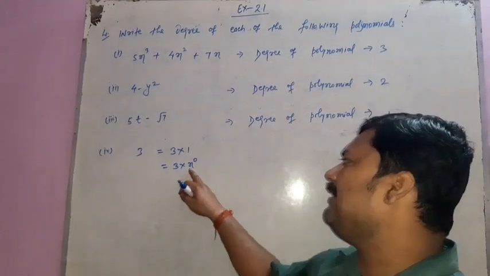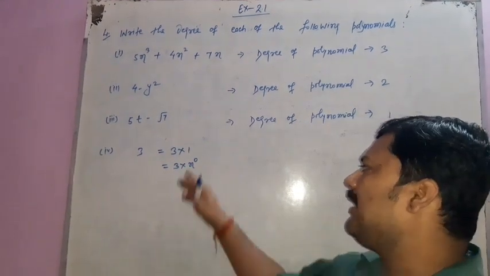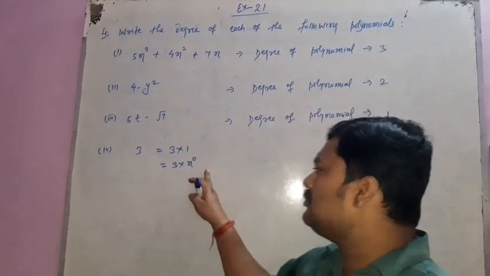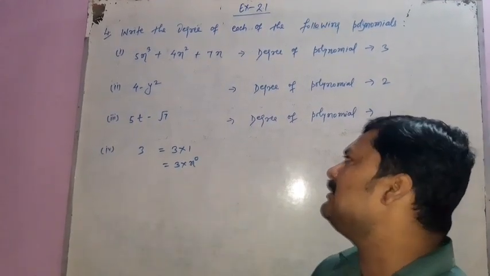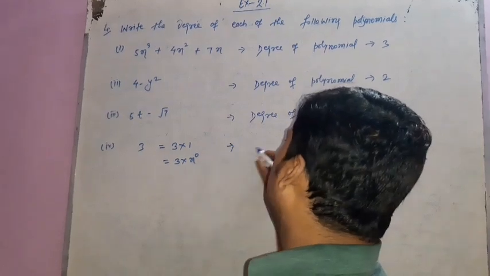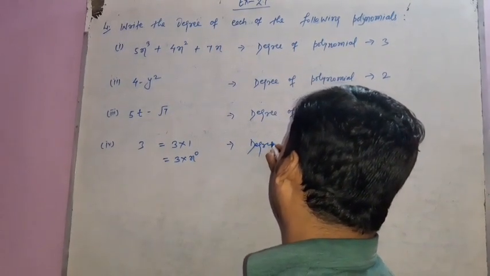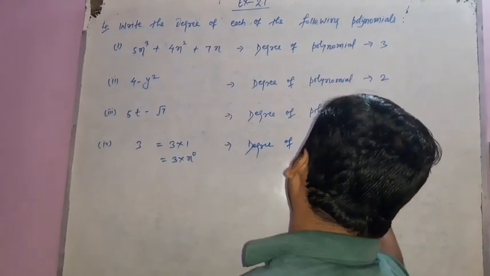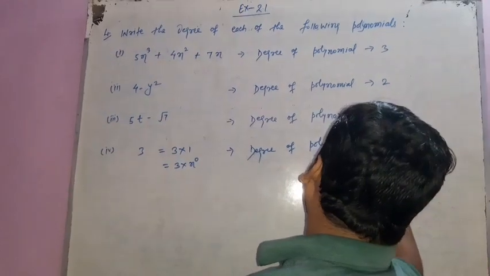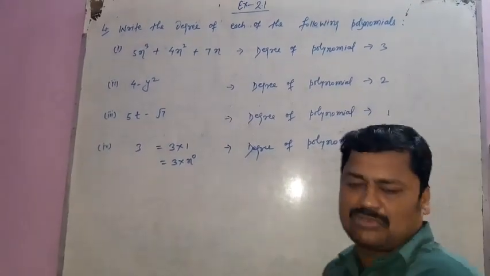If the degree of any variable or any constant is 0, that means its value is equal to 1. So we can also write 1 in this form. Now suppose it is a polynomial. What is the degree of the polynomial here? 0. So you can write here the degree of the polynomial is 0. Okay, in this way you can solve question number 4.